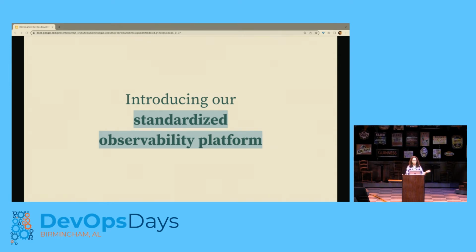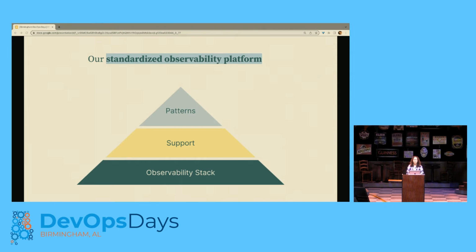And so what does a platform actually encompass? I define it as having three major components: the patterns that guide us, the strategies that support us, and the stack or tools that we use. So at the highest level, we have the patterns that we use to make our systems observable and understandable.